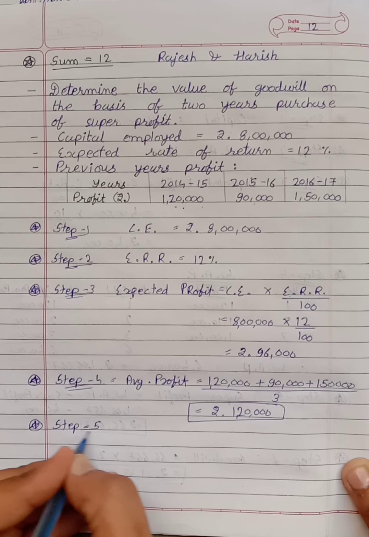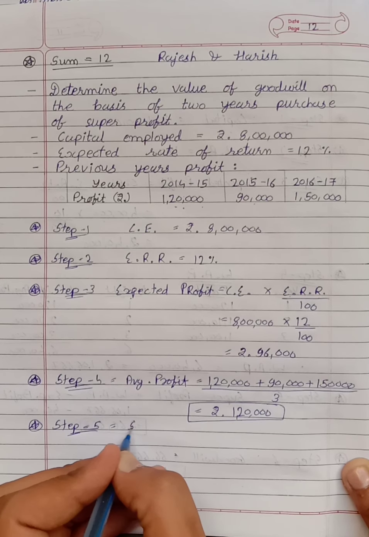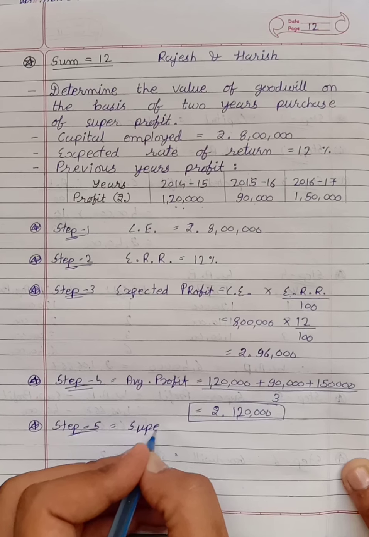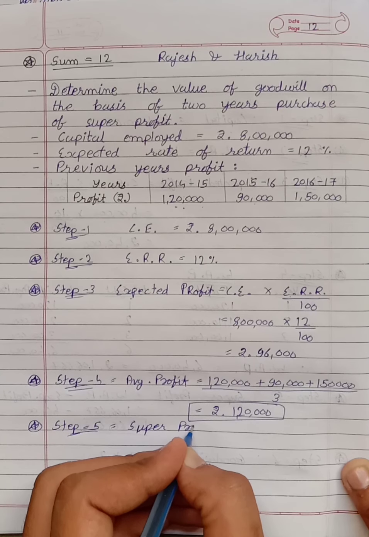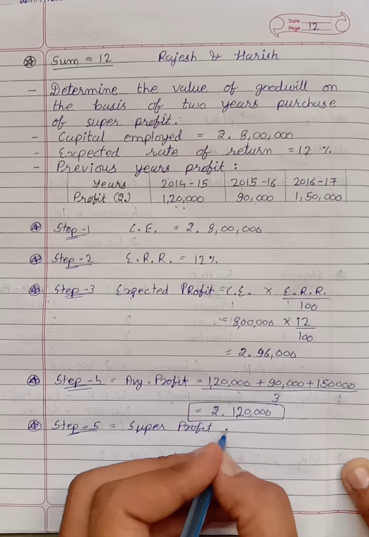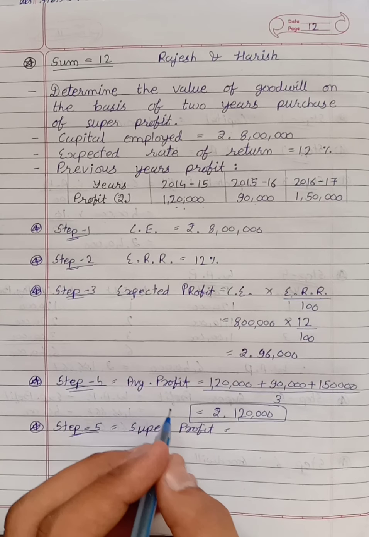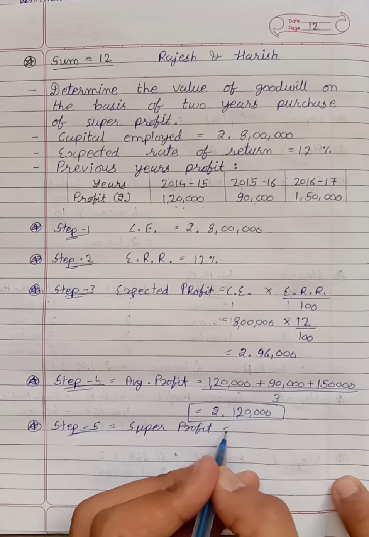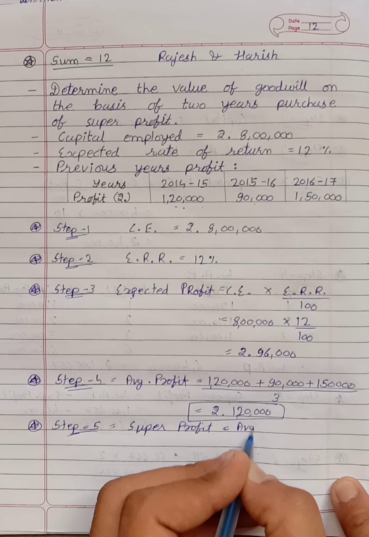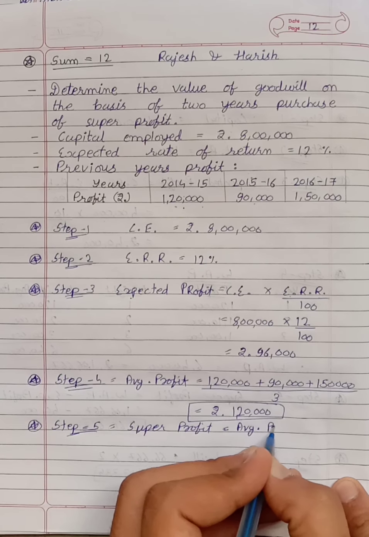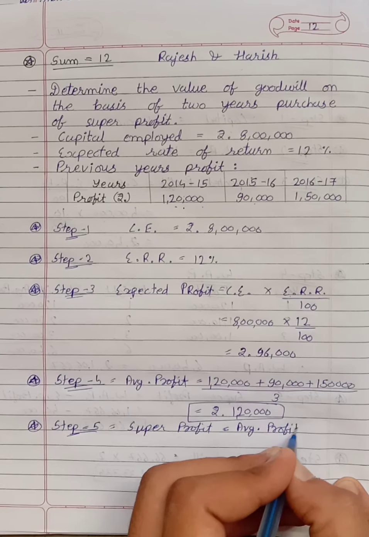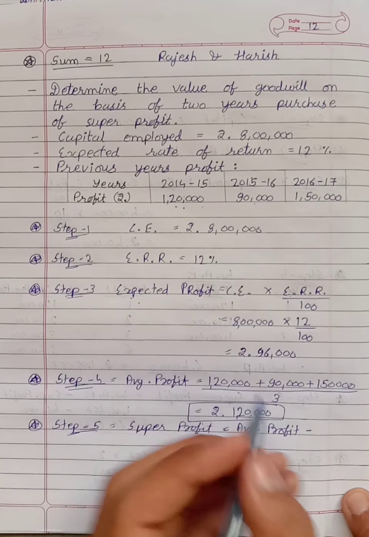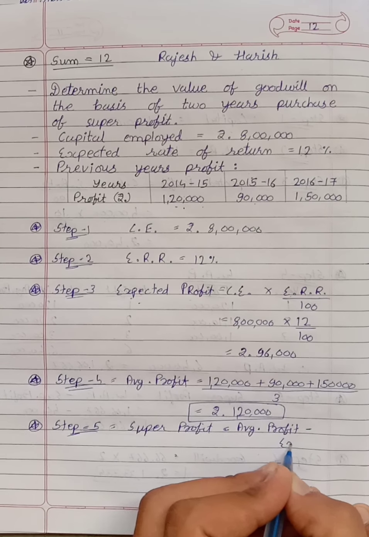After finding step number 4, let me find step number 5. So what is our step number 5, students? Step number 5 is super profit. On the basis of step number 4, super profit formula is average profit minus expected profit.